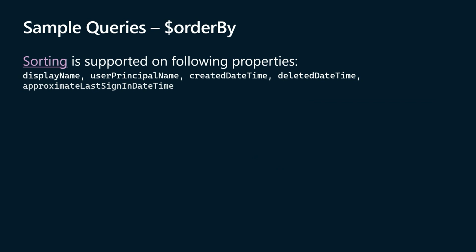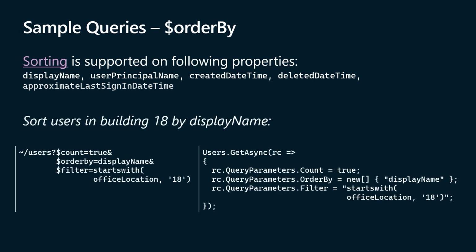Order by. Sorting is supported with a handful of properties and is supported with advanced query in conjunction with filter. So if you try to filter and sort with the normal REST directory service query, you will get an error. So this is required.